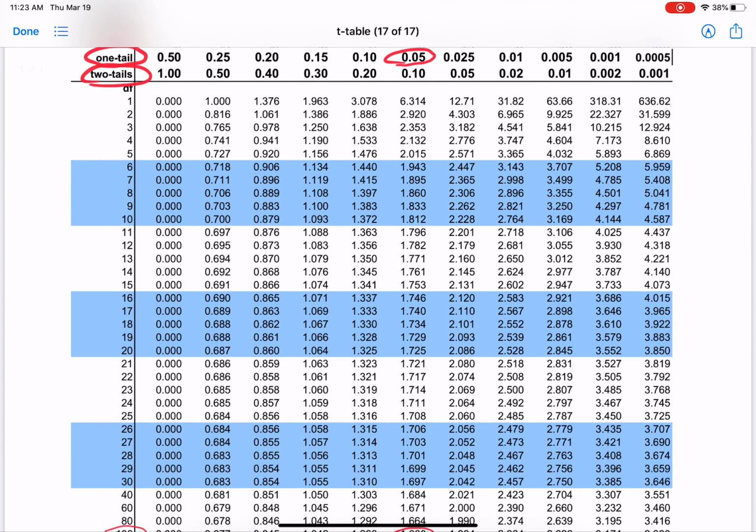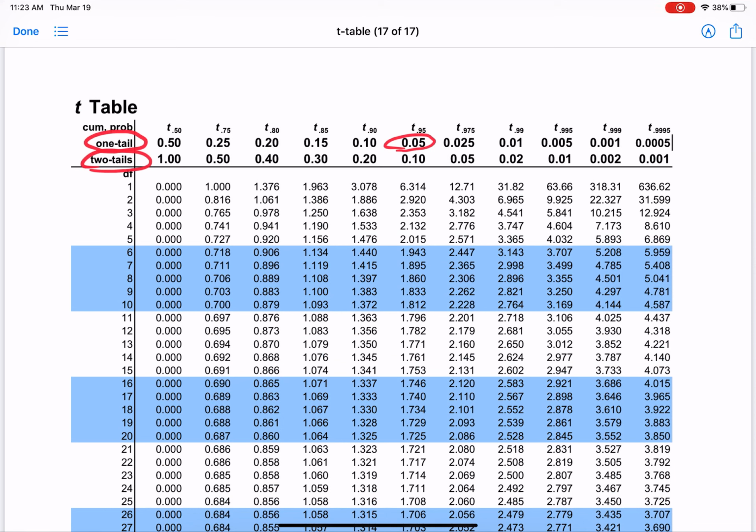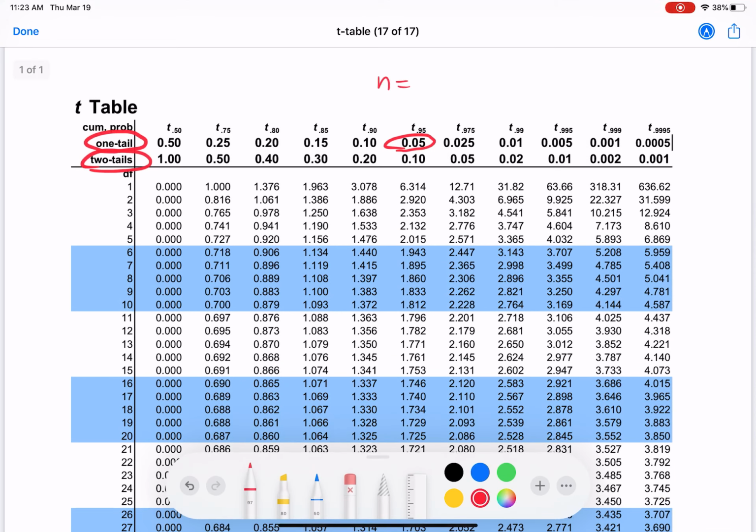So in the T table, notice that the n value in the problem is 9. Sorry, the n value is 10. So df becomes n minus 1, so df becomes 9. So we are looking at a df of 9, and we want to find the value 3.32. So for that, the probability.